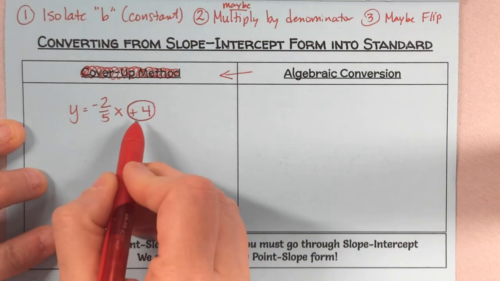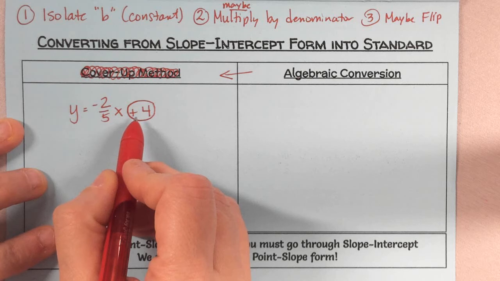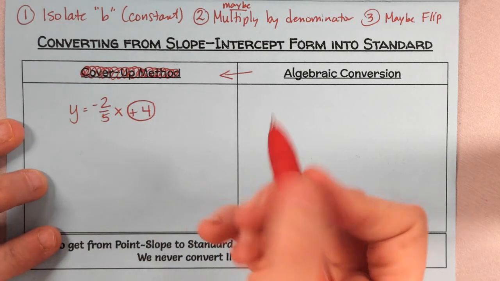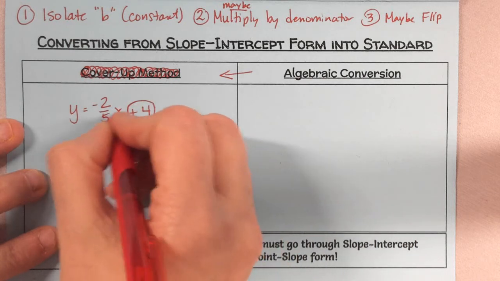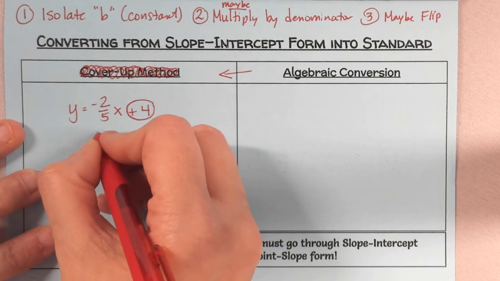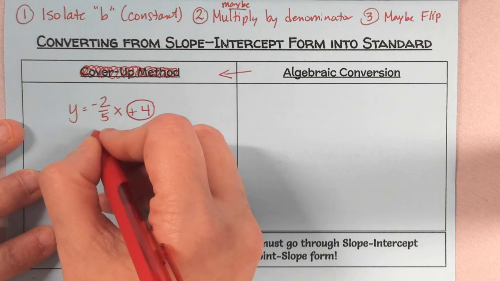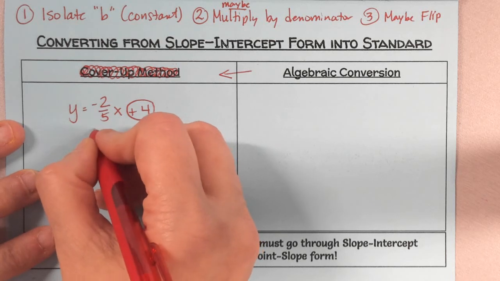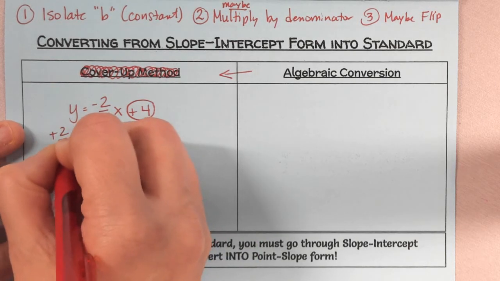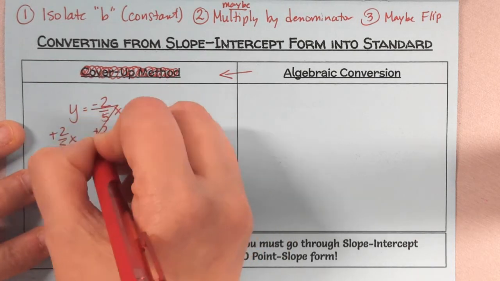And remember, the sign's part of it. So if this is negative 2/5 x minus 4, the minus would be part of that sign. And I want to move this negative 2/5 x over. So I have to add 2/5 x to both sides. So this one zeroes out.